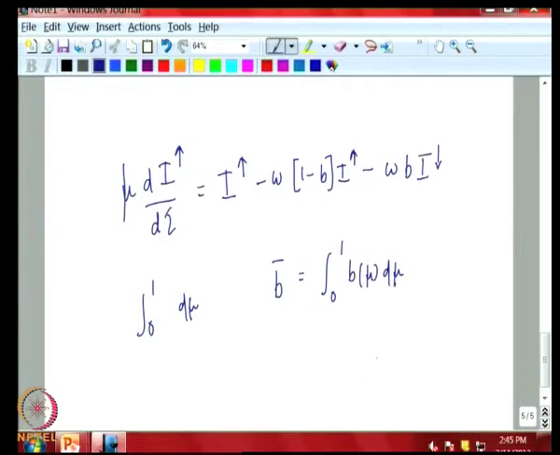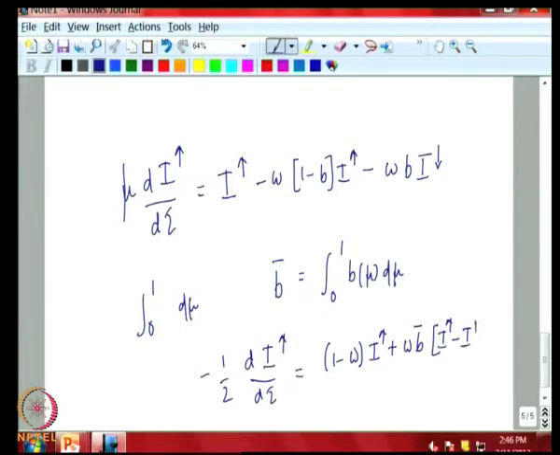So, if we do all that, finally, we have a very simple equation minus half d I upwards by d tau equals 1 minus omega I up plus omega into b bar into I up minus I down.